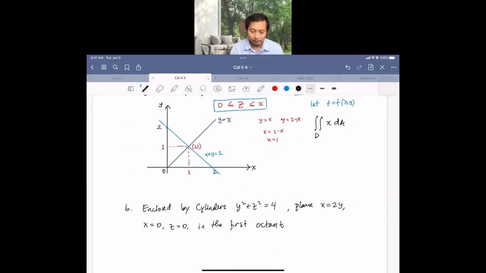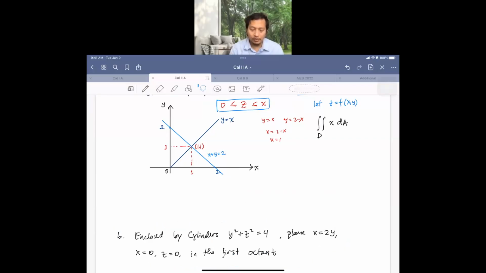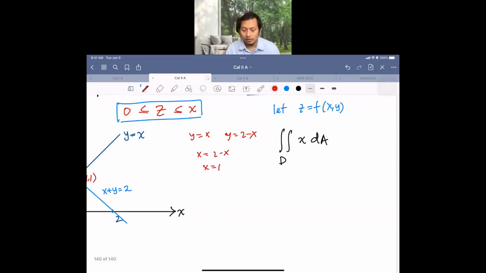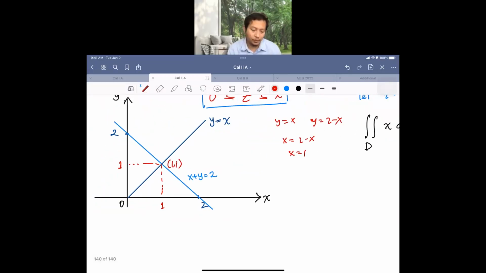The next step is we can take our x and y into dx dy or dy dx. It depends, because I think both are doable, and you can calculate both dy dx or dx dy.